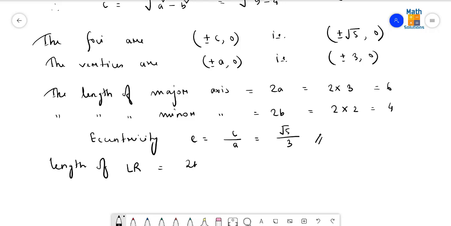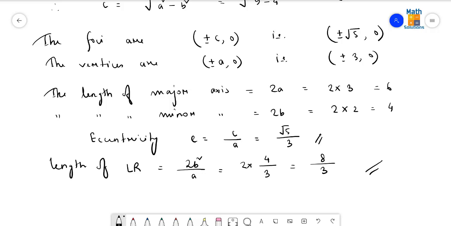So 2b square by a. Let's put the values. B square is what? 4. Then a is what? 3. So we get 8 by 3 as the answer. So this is our result for question number 9.